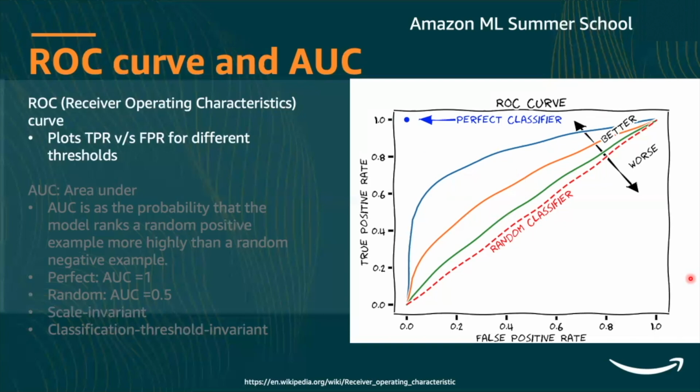Following the attack on Pearl Harbor in 1941 by the Japanese army, the US army wanted to know how good the prediction was for detecting Japanese aircraft from their radar signal. For this purpose, they measured the ability of the radar receiver operator to make this distinction, and hence the name receiver operating characteristic.